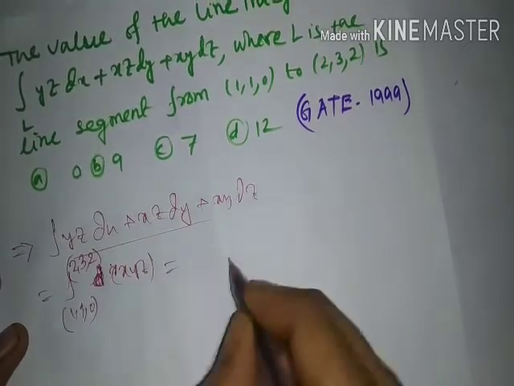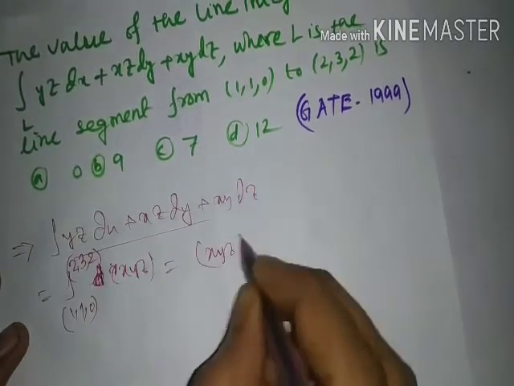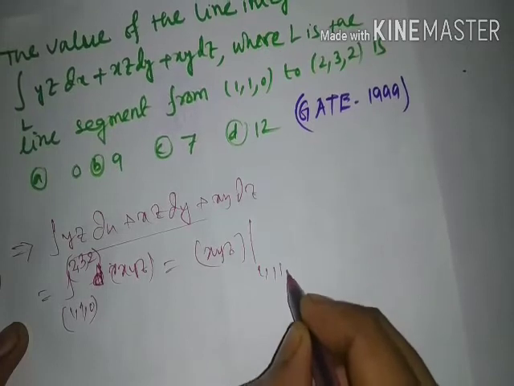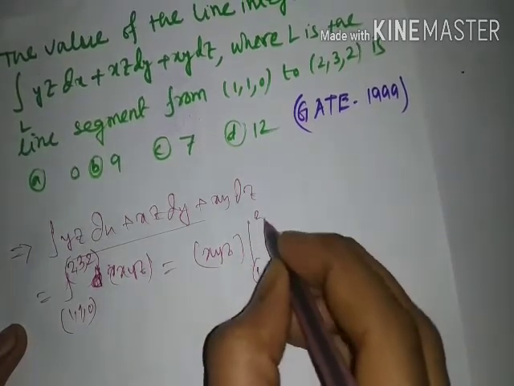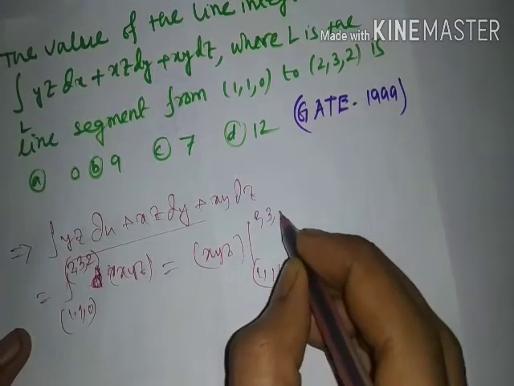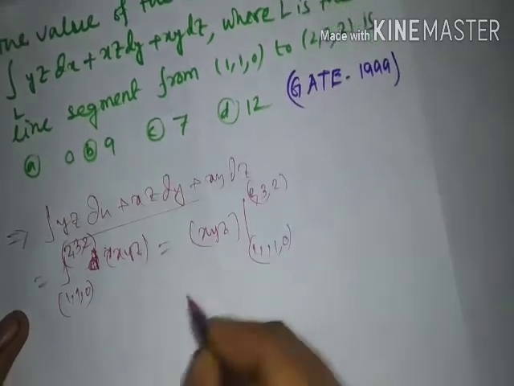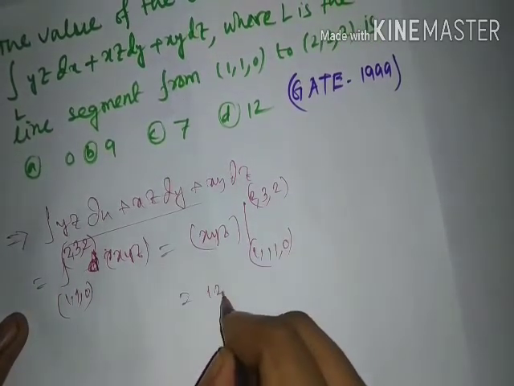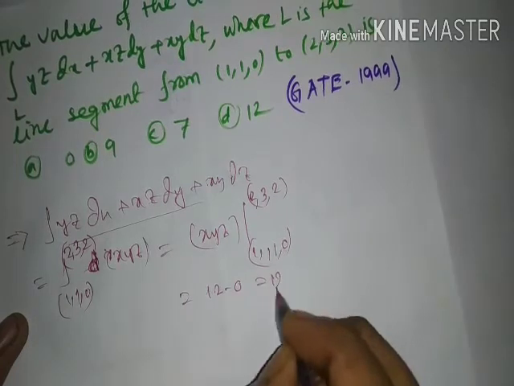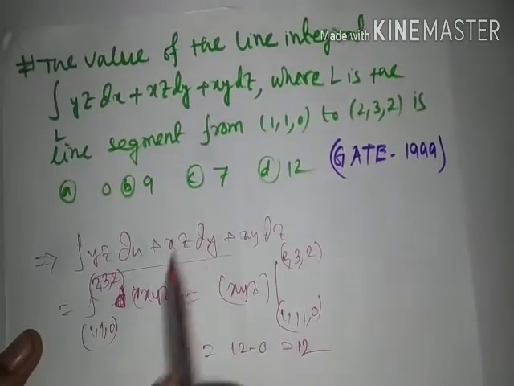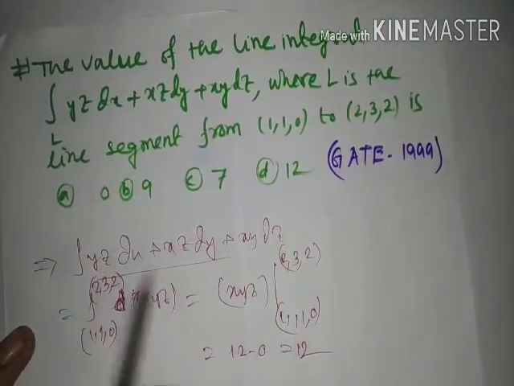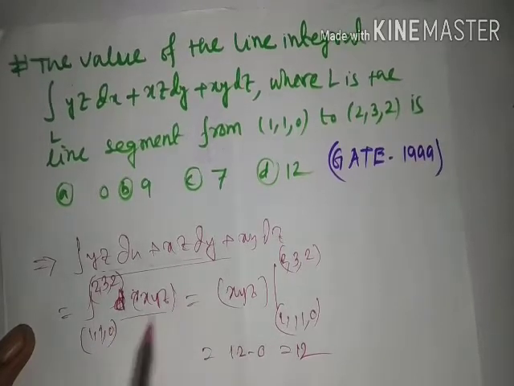So if we integrate this xyz from 1 1 0 to 2 3 2, this is 12 minus 0, this is 12. So here what is the trick? The trick is this is the exact differential of this.